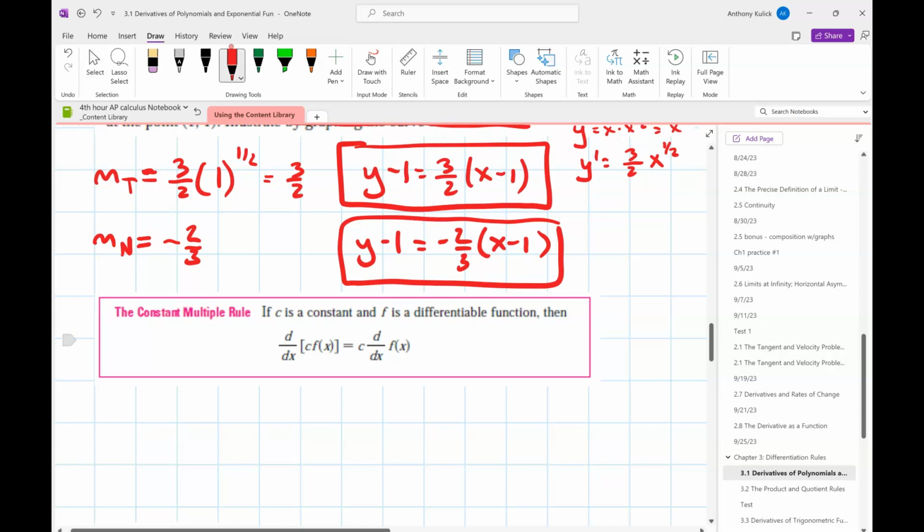If I have the derivative of a constant times a function, I can pull the constant out front and ignore it and just do the derivative of the part with the x's in it. Why do you suppose that works? Factoring it out. The distributive property, right.